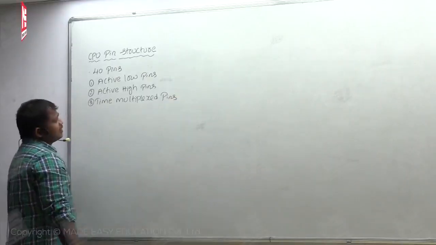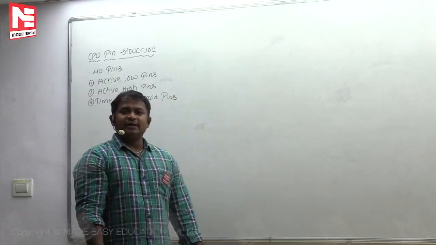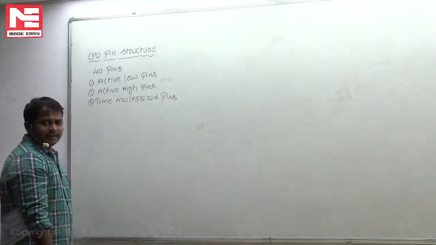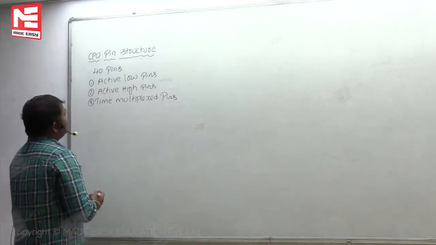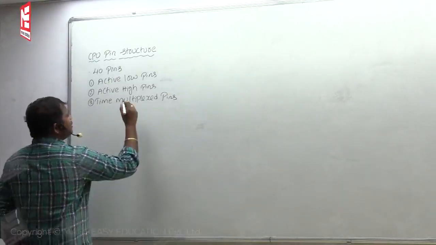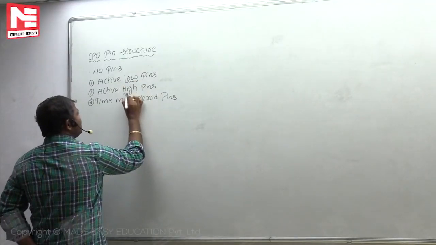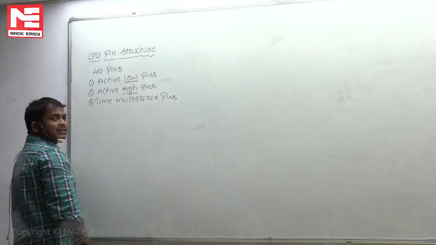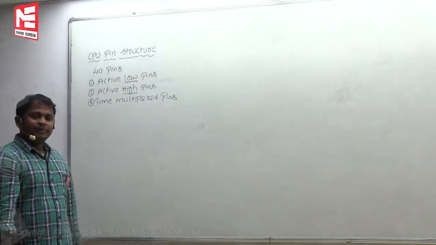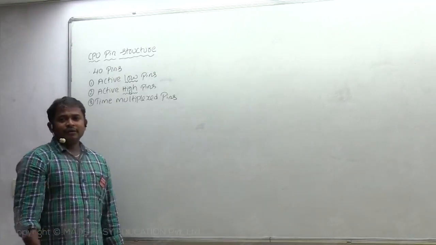Okay, three categories of pins. Clear now? Right. The definition: active low pins are enabled when the input is low. Active high pins are enabled when the input is high. What is the input? The input is a clock.